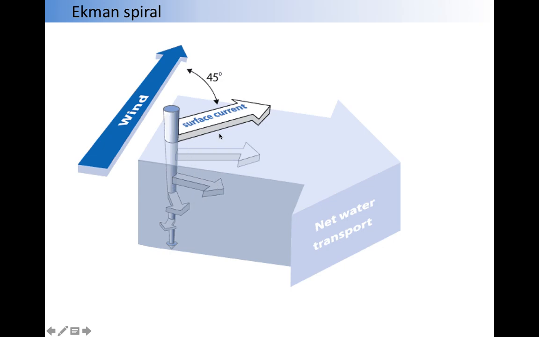This schematic shows that when wind blows in one direction, surface currents head 45 degrees to the right of the wind direction. As you get deeper, they rotate and make a spiral. If you integrate over the depth, the Ekman depth, the entire water column moves to the right of the wind direction, which we call the Ekman transport.